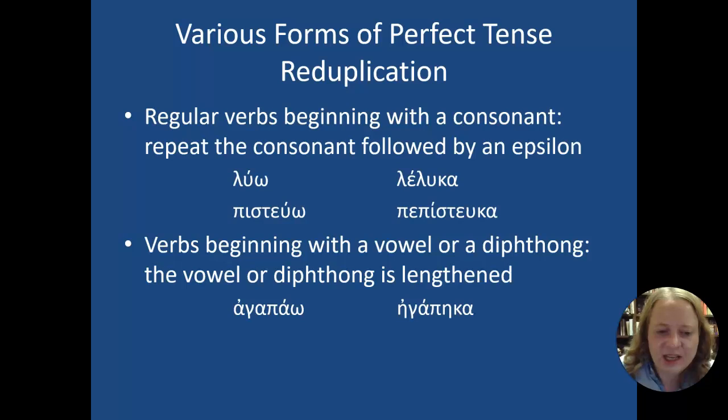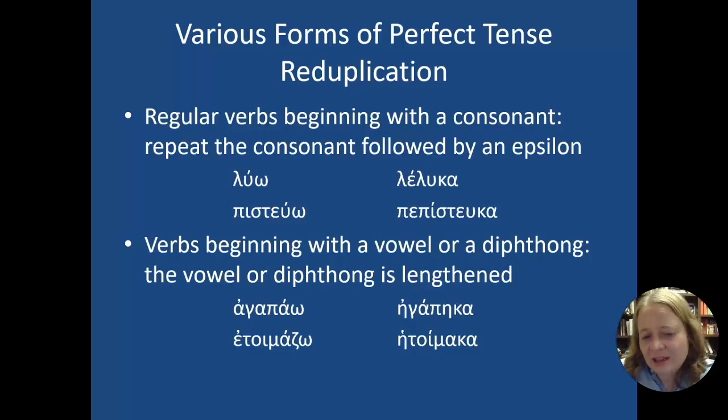Here's an example of it. Agapao, which you'll learn next semester, means I love, so it's similar to agape. When it comes in contact with a perfect, it's not a true doubling because you'd have too many vowels in a row. The alpha becomes an eta, and you have agapeka.